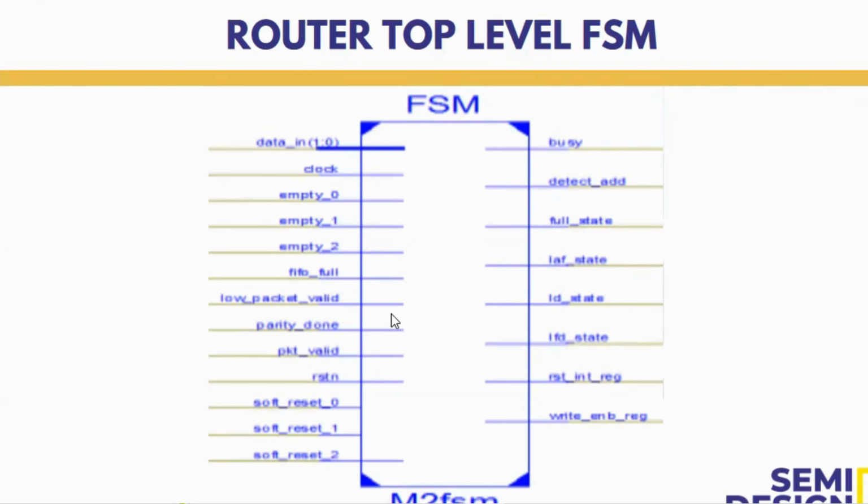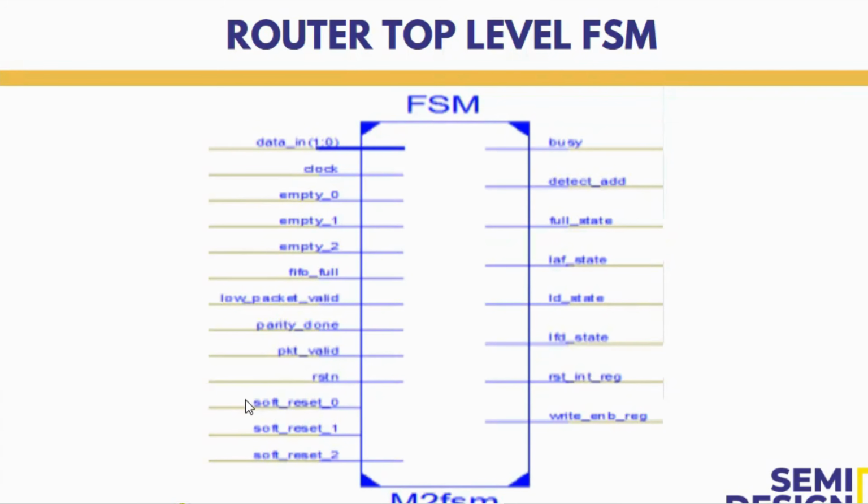But the packet valid will go low immediately after the last payload. So at that time, low packet valid will turn high, just to denote that the parity matching is going to happen. So this low packet valid signal is just associated with the parity.